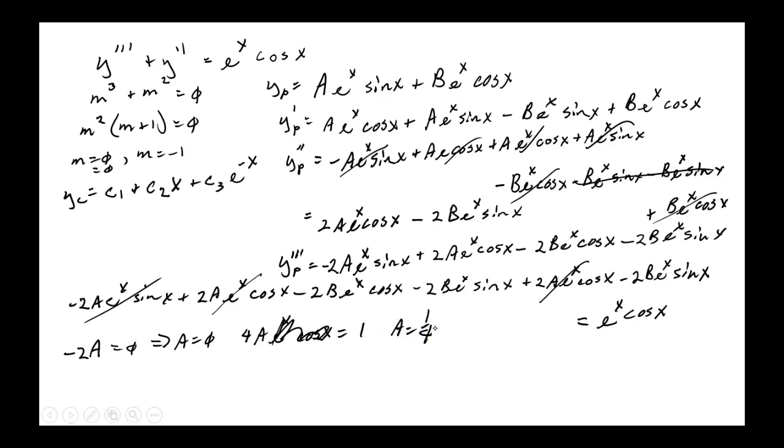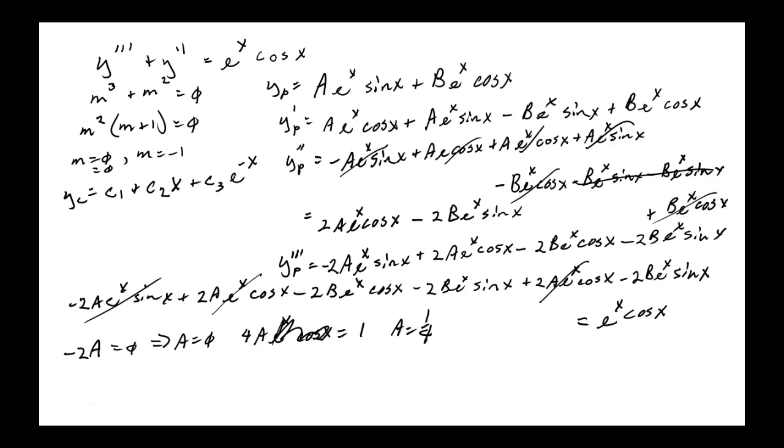Wait a minute. Wait a minute. You can't wind up with a is equal to 0 and a is equal to 1/4. There's some problem here, folks. And neither one of them are right. We are doing 10, aren't we?